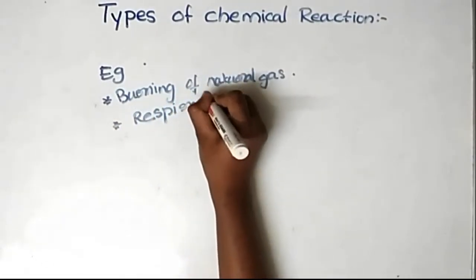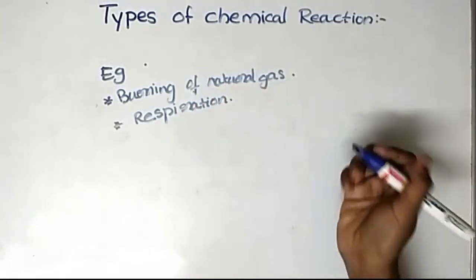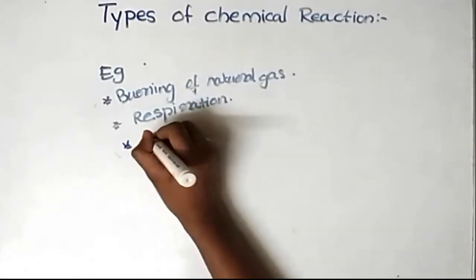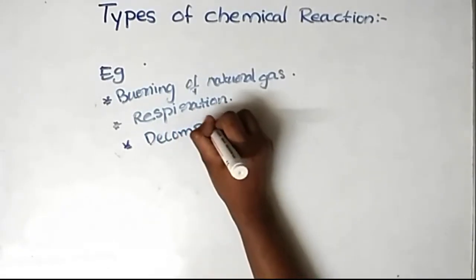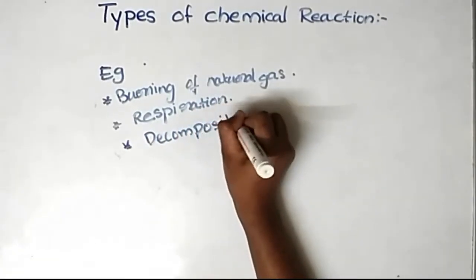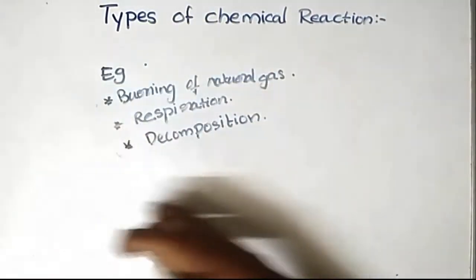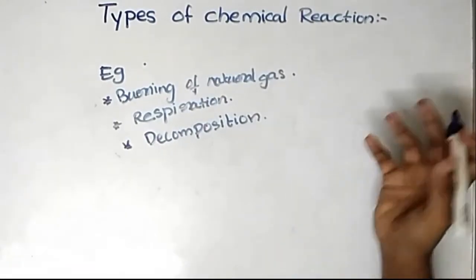As we respire, we can observe that the carbon dioxide coming out from our body is always warm. The third example of an exothermic reaction is decomposition of vegetable matter into compost. So in all these reactions, we can see that heat is released along with the product.